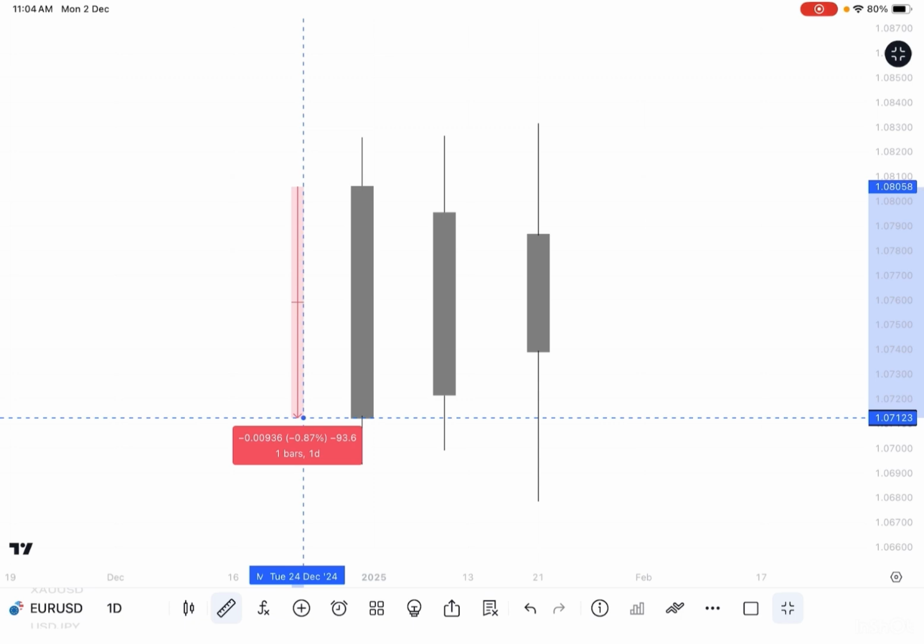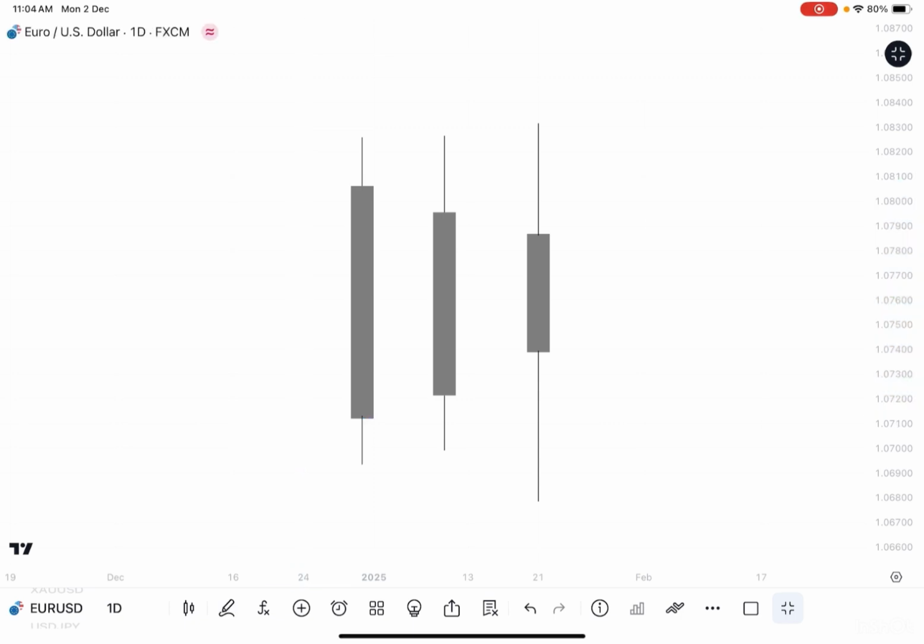I think you can understand it clearly. Again I'm saying that the length of the body should be higher than the wicks. By using the measure tool, we can find it clearly. It's a simple trick. So the first candle is the CRT candle.